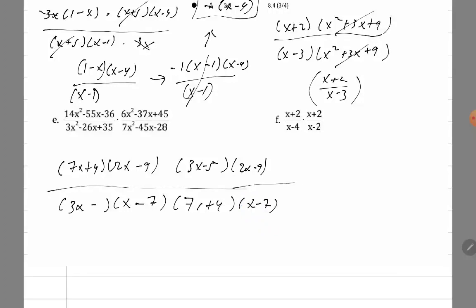Okay. Then we cancel out what we can. So we have a 7x plus 4 here. We have a 3x minus 5 here. And that's it. We have a 2x minus 9 twice. So that can be simplified to that. And then we have x minus 7 twice. And that.